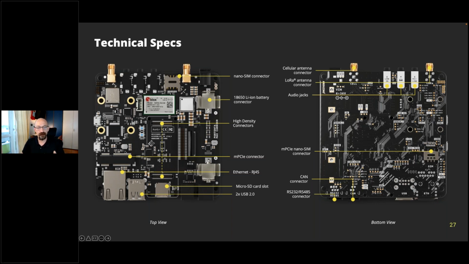And then the nice thing is that you can use the mini PCI Express to connect a card for other kinds of purposes, if you need to add another connectivity option, or you need to add some external memory. So this can be used for any external device.